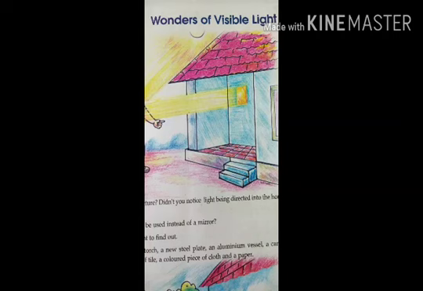The next point, the beauty of the rainbow. A rainbow is formed due to dispersion. The splitting up of white rays into 7 component colors is called dispersion. By combining these 7 component colors, we get white light again.